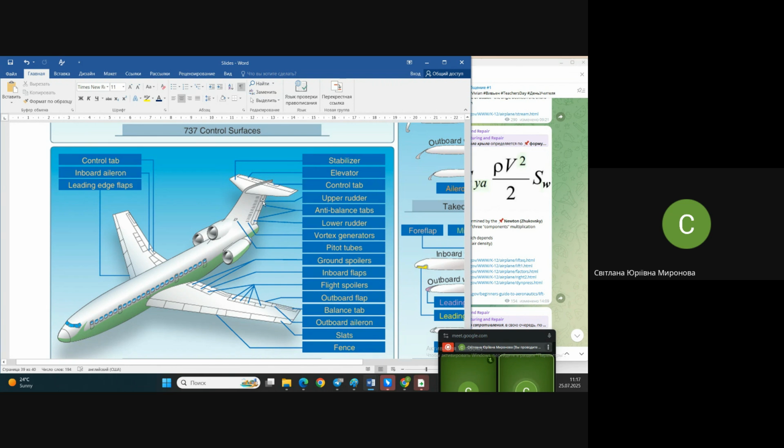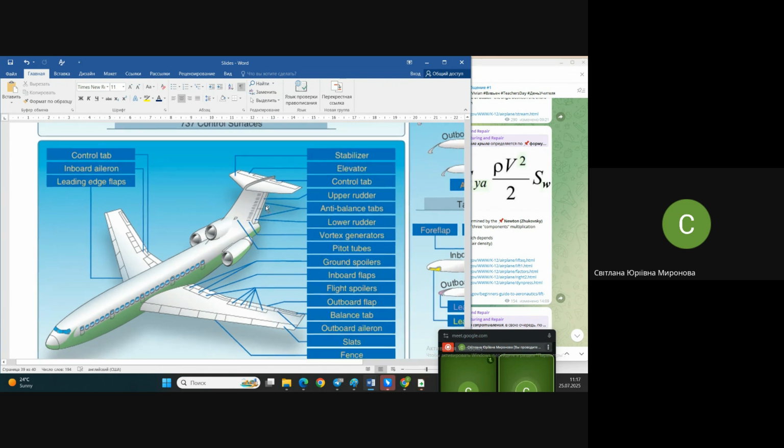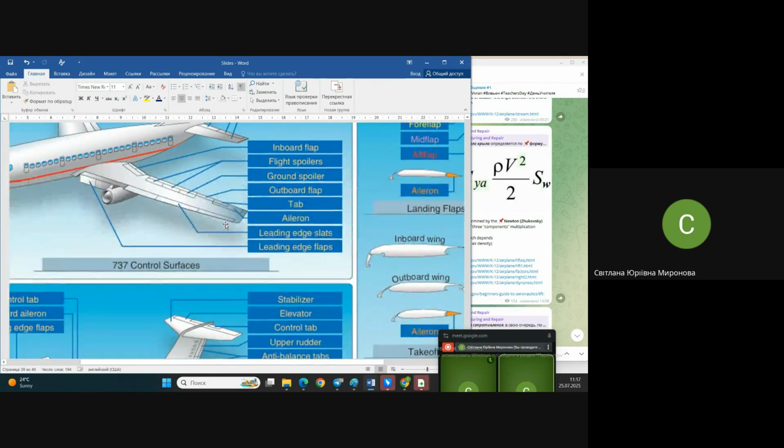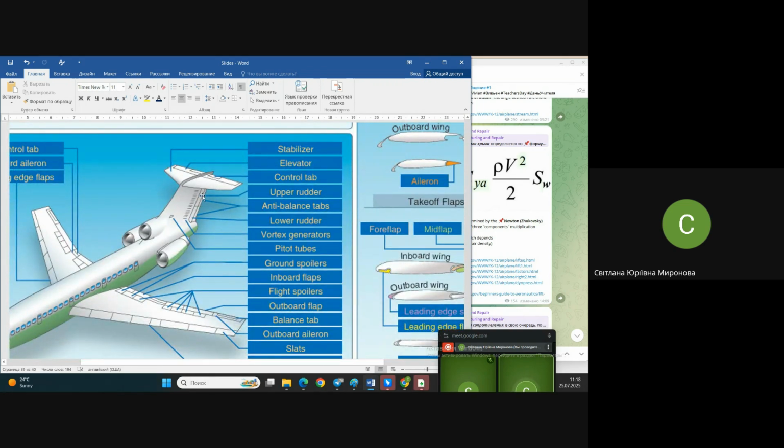The fin has a rudder. It's visible that it's divided into some sections, both along the vertical axis and along the longitudinal axis, along the flight direction.